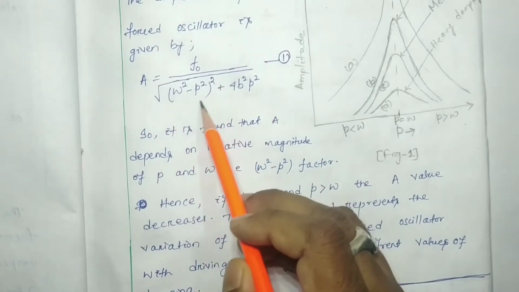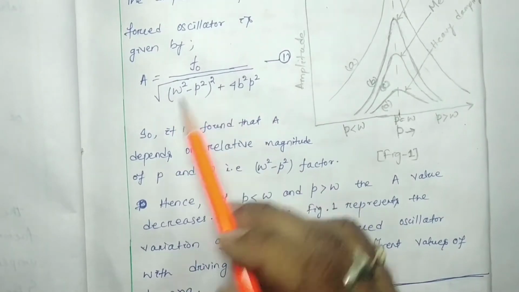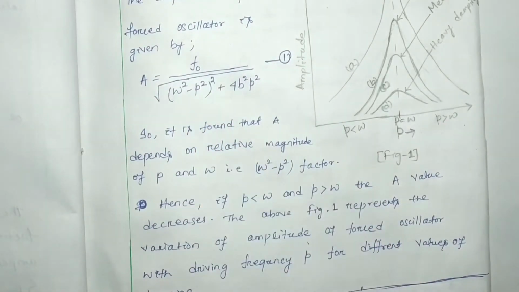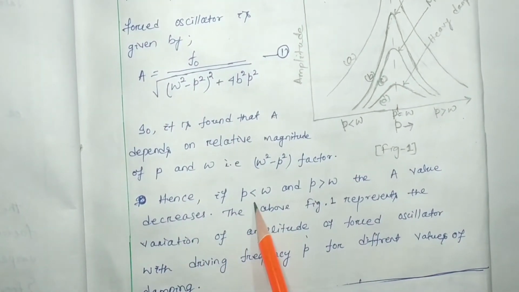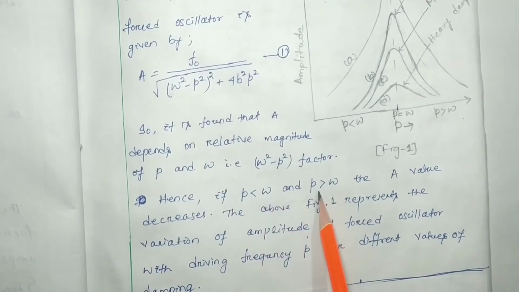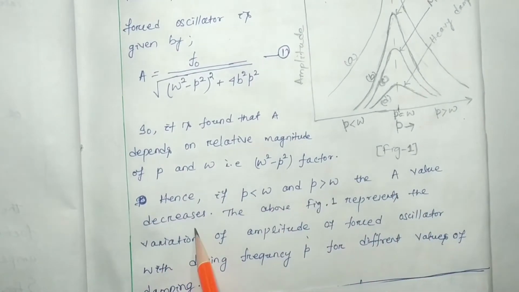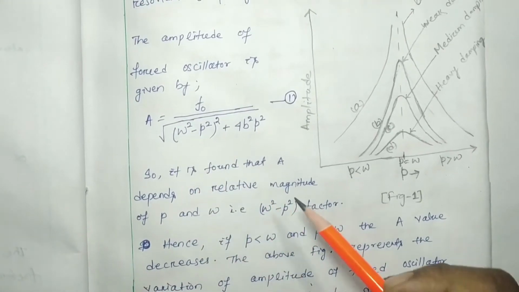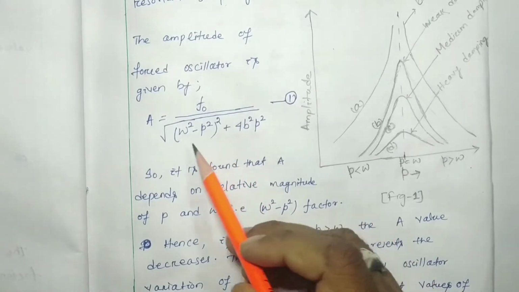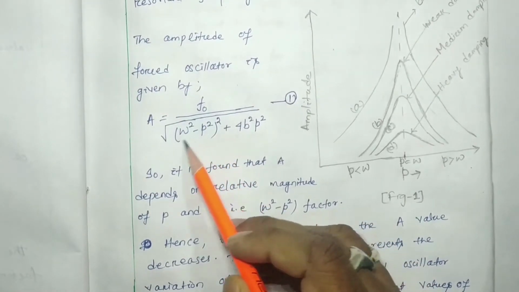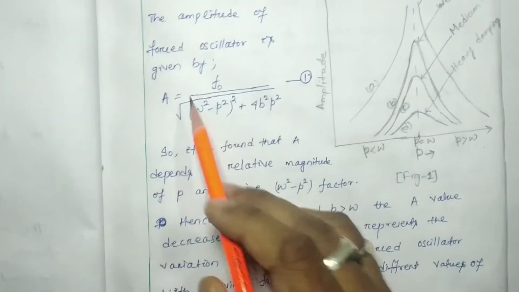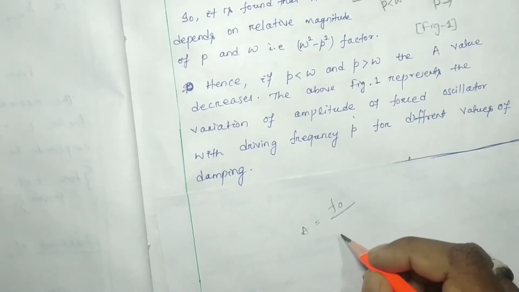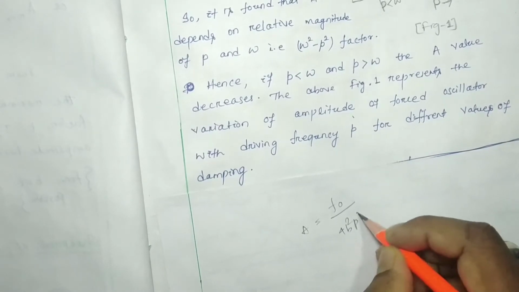Obviously it will depend upon the omega square minus P square factor, because this will be in the denominator of A. Hence if P is less than omega or P is greater than omega, the A value decreases, because you can see at omega equal to P, this factor will be 0. Only then we can get A equal to F0 by 4 B square P square, root over.